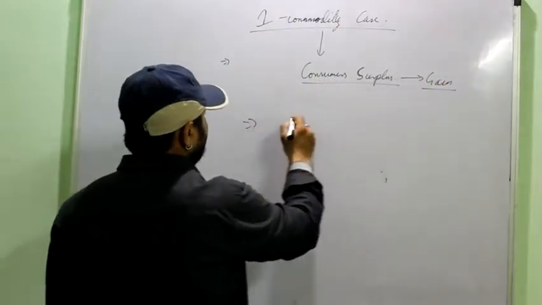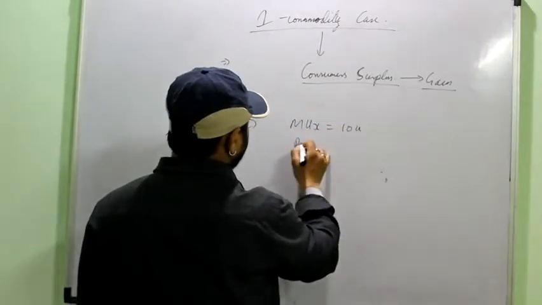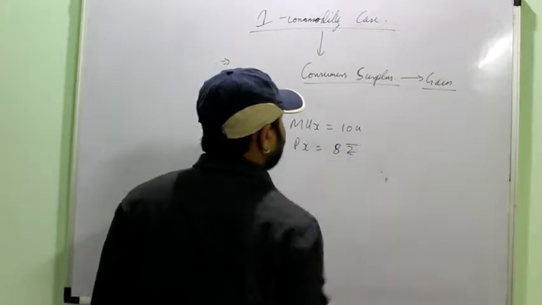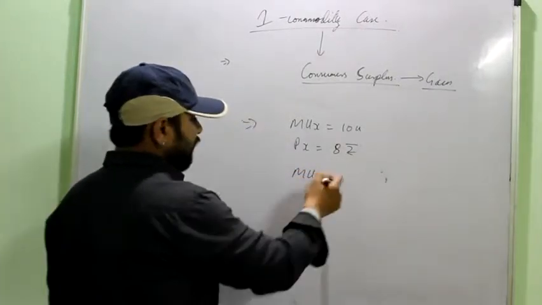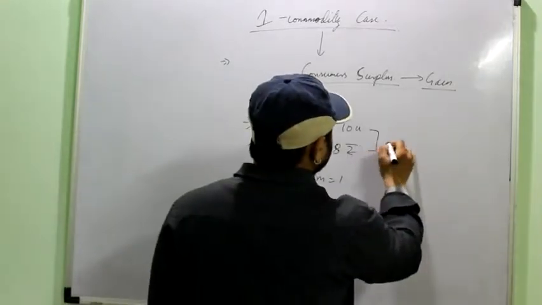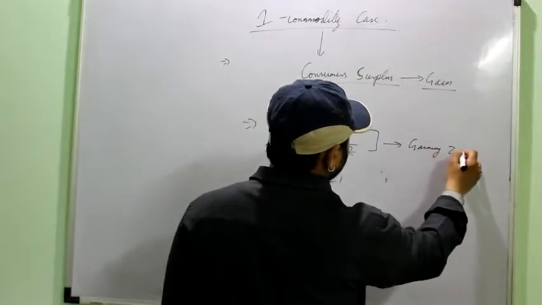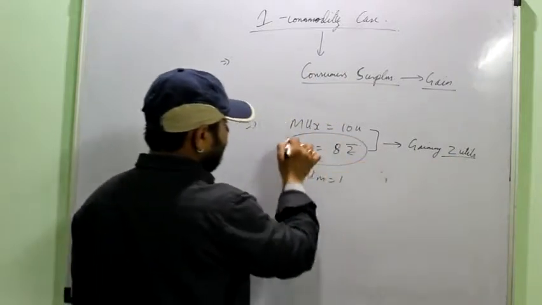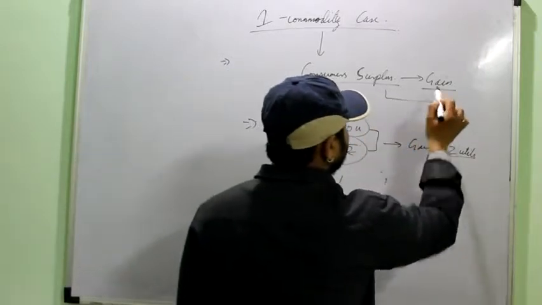For example, if you get utility of 10 utils from a commodity and the price of that commodity is say 8 rupees, right? And we assume that marginal utility of money is 1. So if I divide by 1, it will again be 10 utils only. So here the consumer is gaining 2 utils because he is giving money worth 8 rupees but getting the utility of 10. This is known as consumer surplus or gain.